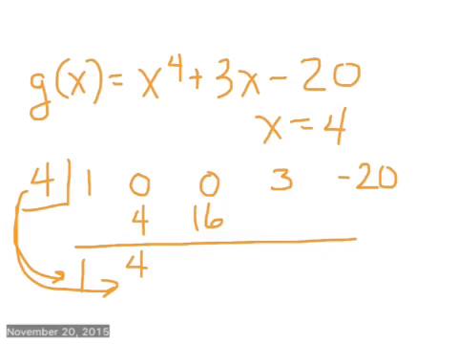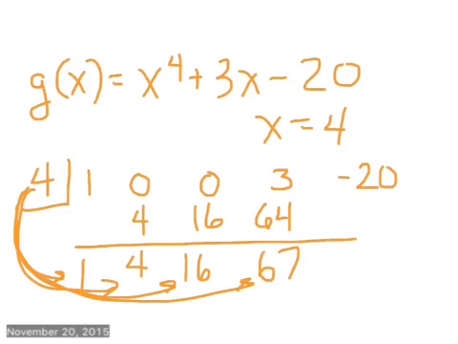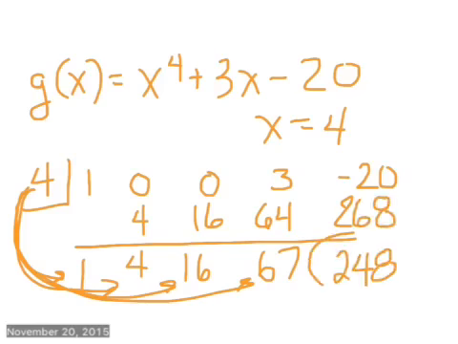What's 0 plus 16? 4 times 16? 64 plus 3? 4 times 67. This is where you're going to actually have to use a calculator probably. 268 minus 20 is 248. Awesome.